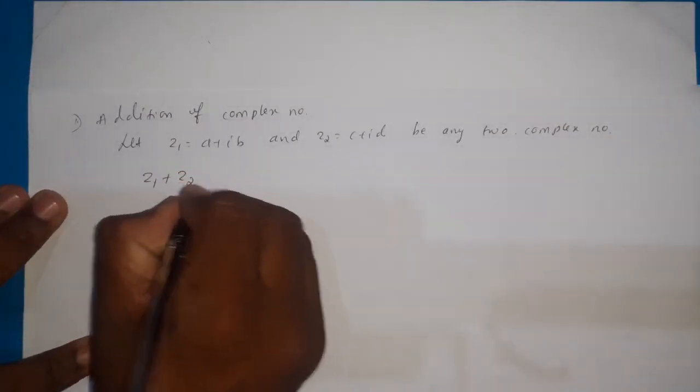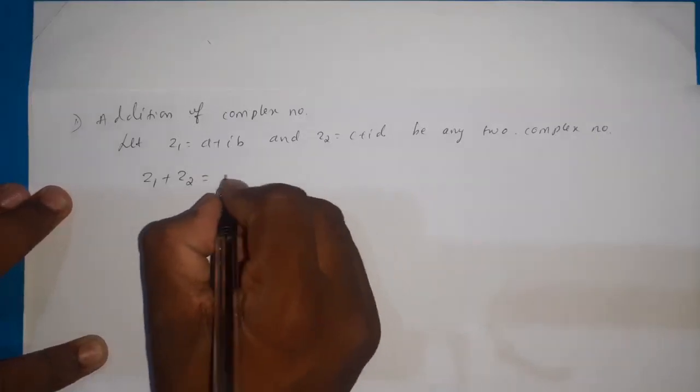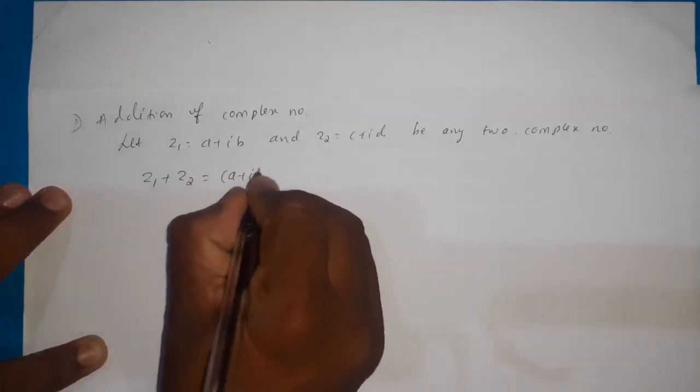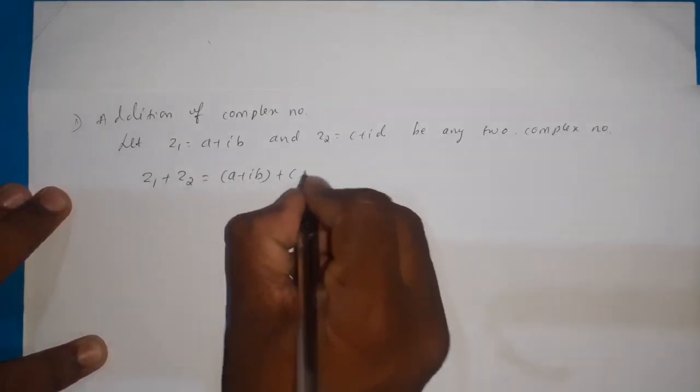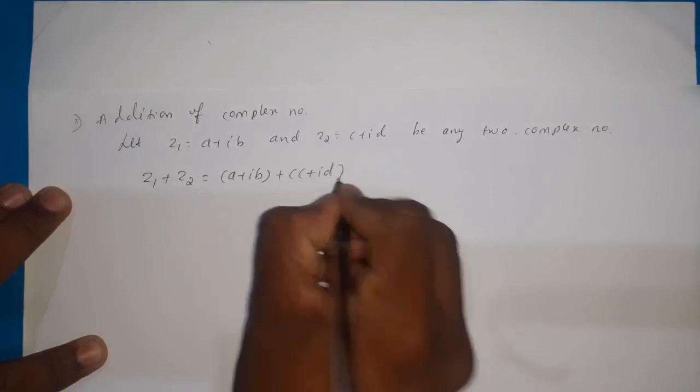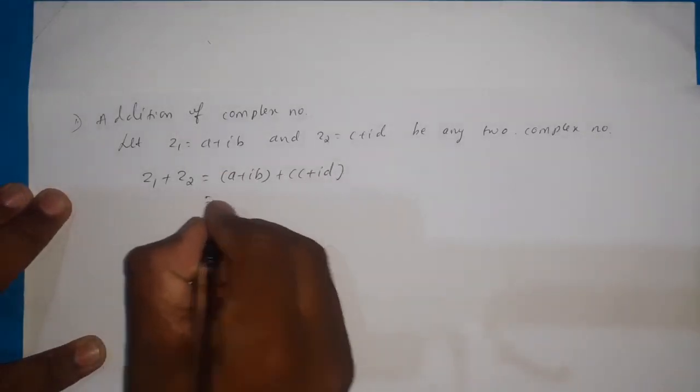Then how do we add these two complex numbers? z1 plus z2 is a plus ib plus c plus id. While adding two complex numbers, we need to add the corresponding real parts and imaginary parts separately.